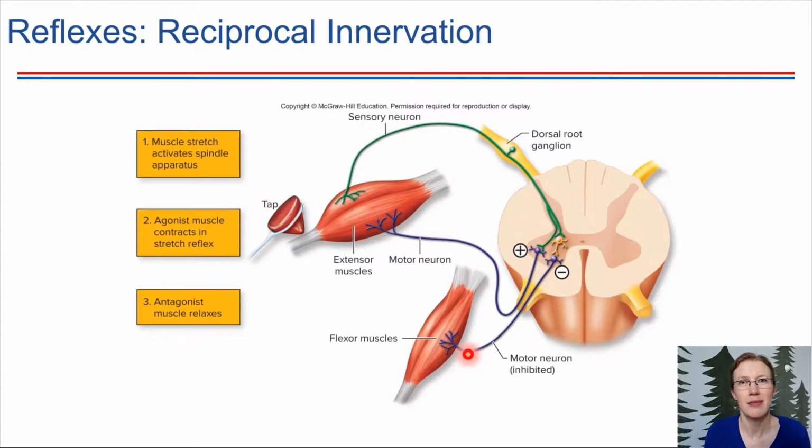At the same time, your other foot needs to go down to the ground quickly in order to support your weight. So we've got a different type of a reflex going on the two sides of the body. And this is all possible due to the way that the neurons are mapped onto antagonistic muscle pairs. So the name of that was double reciprocal innervation. It's two reciprocal innervations involved at the same time.